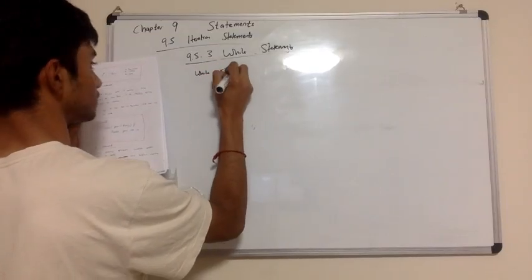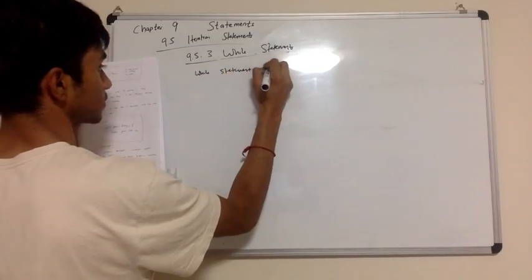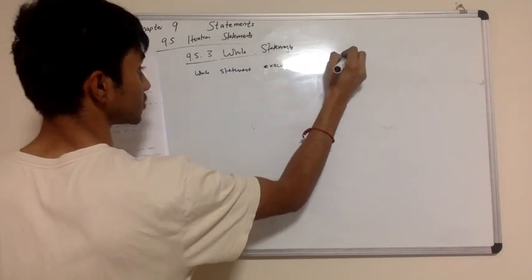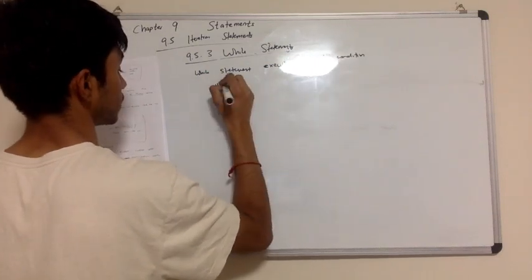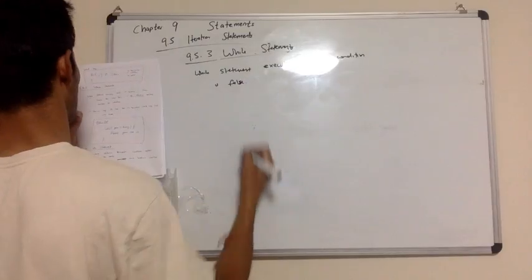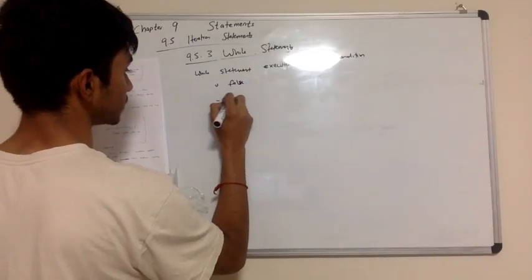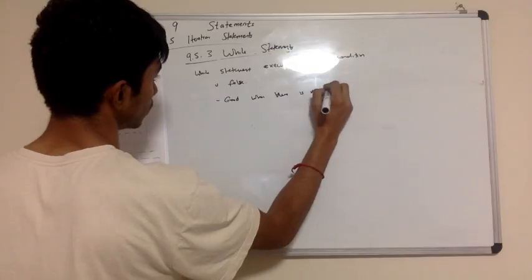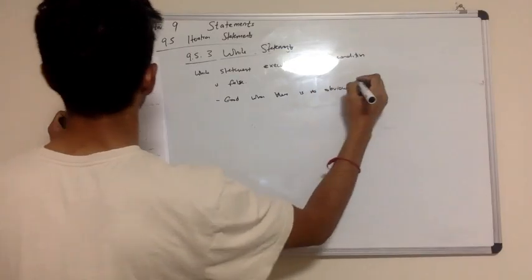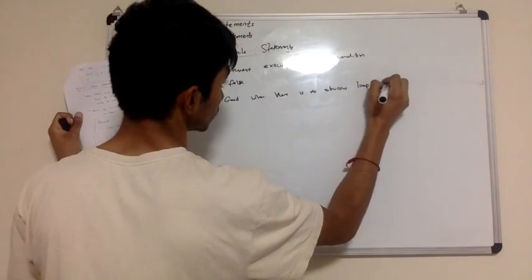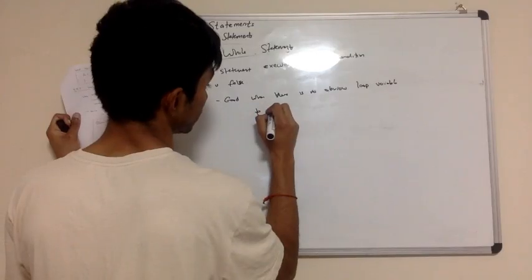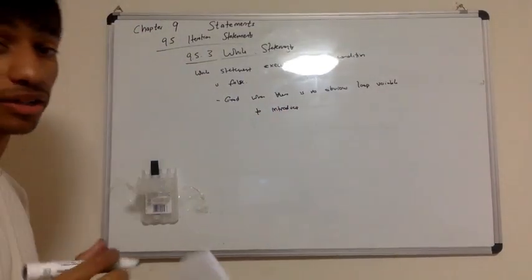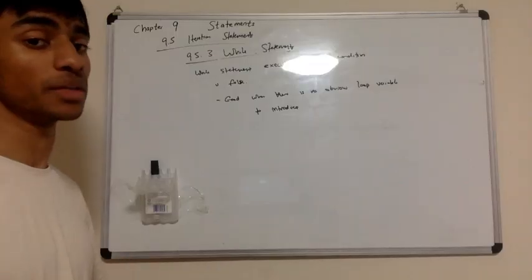A while statement executes until its condition is false. So while statements are good when there is no obvious loop variable to introduce. So especially if you don't know how many times a loop might run, that's when I would say a while loop is good.